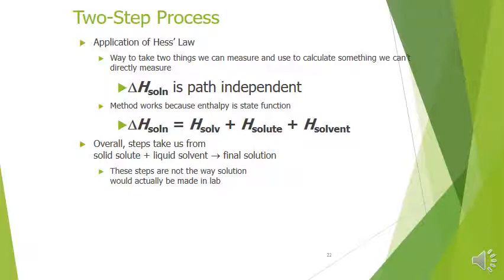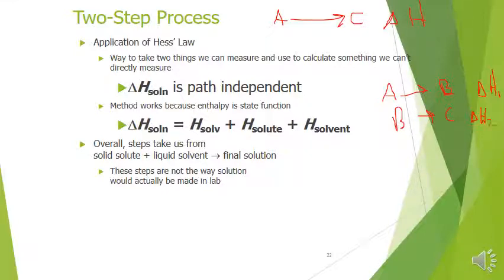All right, before we do that, let's look at Hess's rule. Remember, Hess's rule says if you want to turn A into C, you could just take A and it turns into C. But another way you could do it is to have A turn into B, with some enthalpy change here, and then take B and turn it into C, which has its own enthalpy.